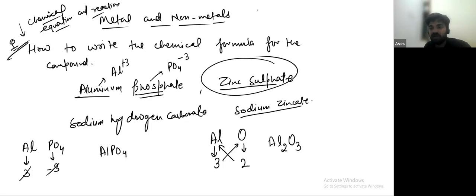Similarly for the zincate ion, Zn. If you are writing sodium, sorry, the formula for sodium hydrogen carbonate would be: Na is sodium, and hydrogen carbonate you will find in the chart.